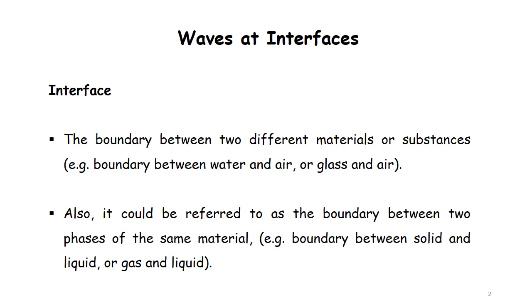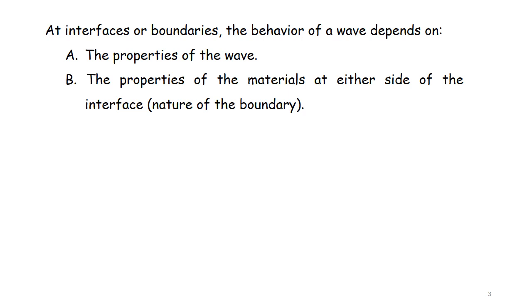For example, liquid water and iced water, that's a solid form of water. The boundary between water and ice is an interface. There is a change in certain property, as you move from the liquid form of water to a solid form, which is ice.